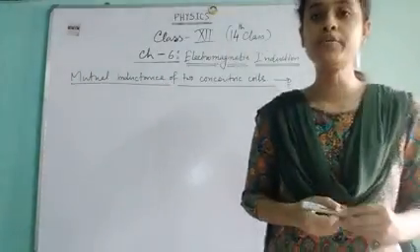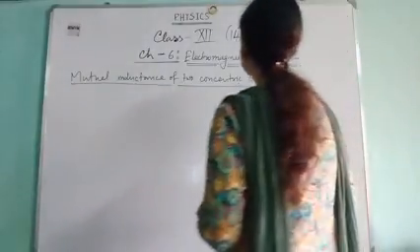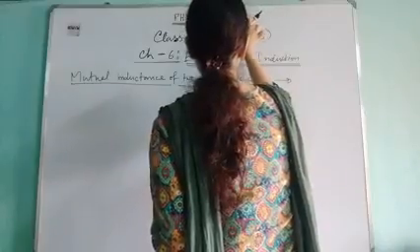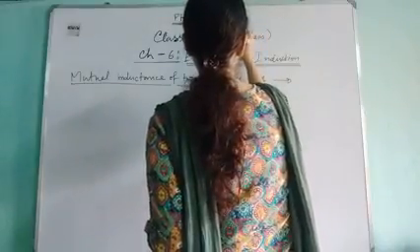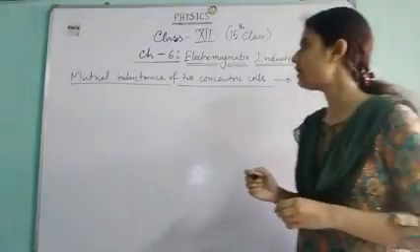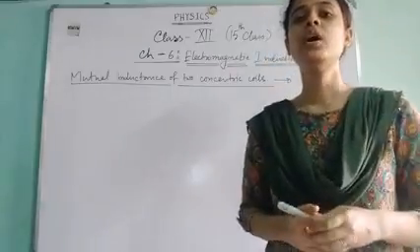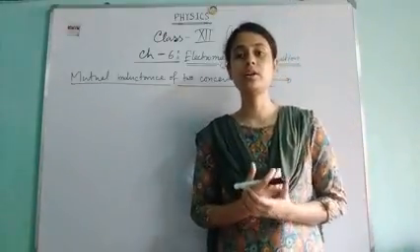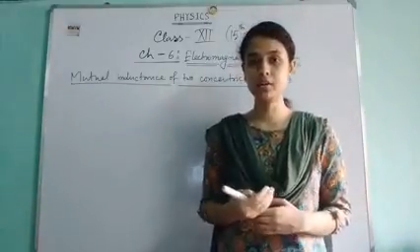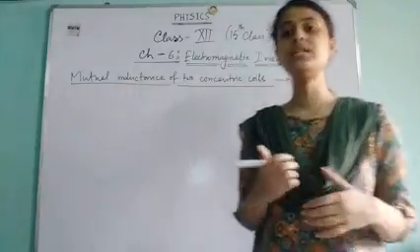In our previous class, the 14th class, we discussed the mutual inductance of two solenoids. Today we are taking the 15th class. Solenoids are generally in the form of a helical coil. But if we consider two concentric coils, how will it look?